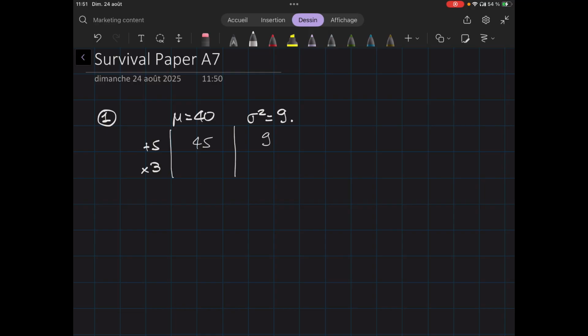When you multiply it by a constant, the mean is going to be 45 times that constant, so in this case 135, and the variance is going to be 9 times that constant squared, or 81. Therefore, the new mean is 135 and the new variance is 81.